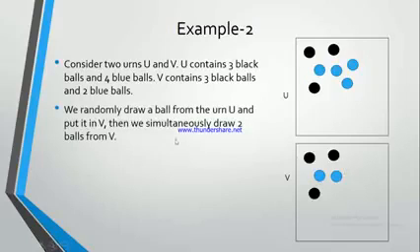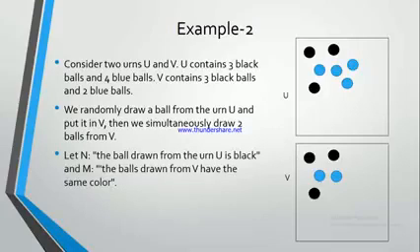So what we will do is we will choose randomly one ball from U, and we will put it in V, and then we will choose randomly and simultaneously 2 balls from V. Let N be the event the ball drawn from U is black, and M the event the balls drawn from V have the same color. We need to calculate the probability of N and the probability of M.